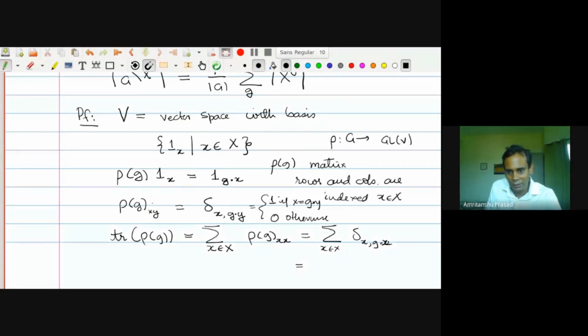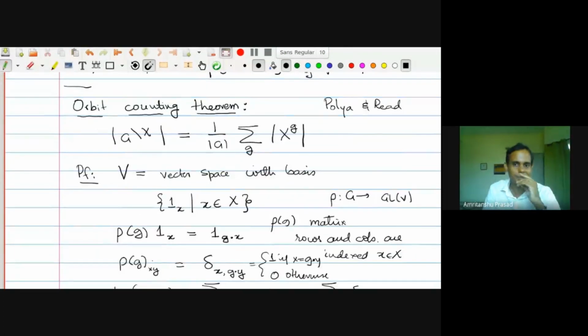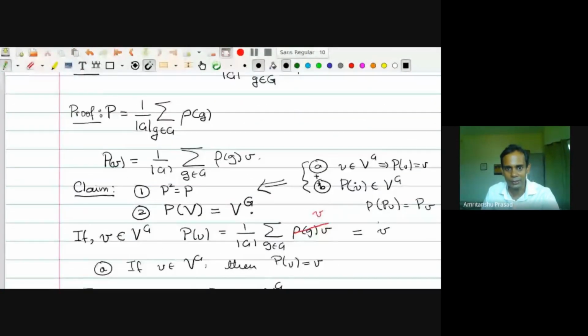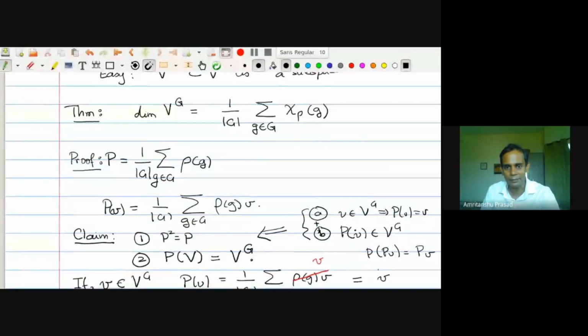This is just when x is a fixed point. So this is just the number of fixed points of g. So the character of this representation, rho of g, is just the number of fixed points. And so this right hand side becomes the right hand side of the earlier equation, the average value of the character.